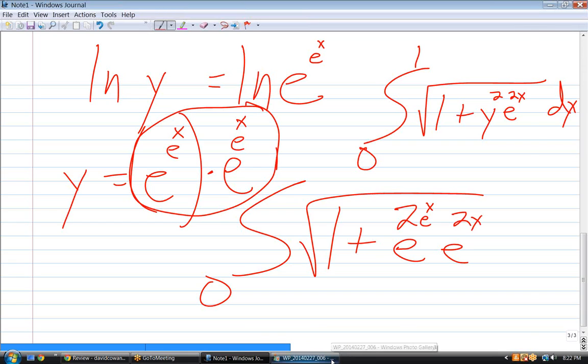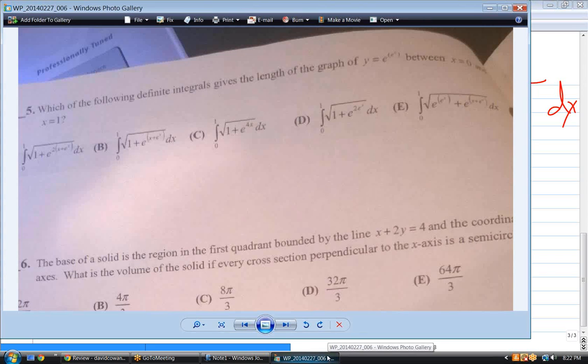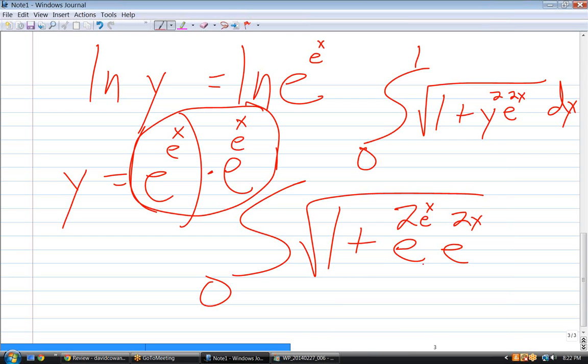I think that answer might be on there. It is, but it looks like they pulled out a 2. Well, they've combined it. In other words, now we're multiplying e to the 2 e to the x times e to the 2x, so I can add the exponents and remove the second e. So this is an answer that we should find on there.